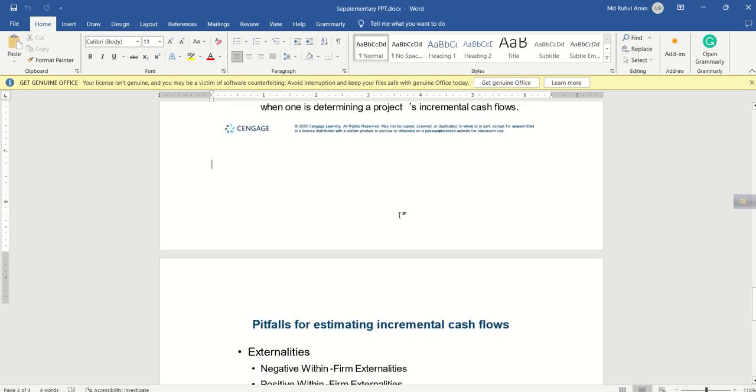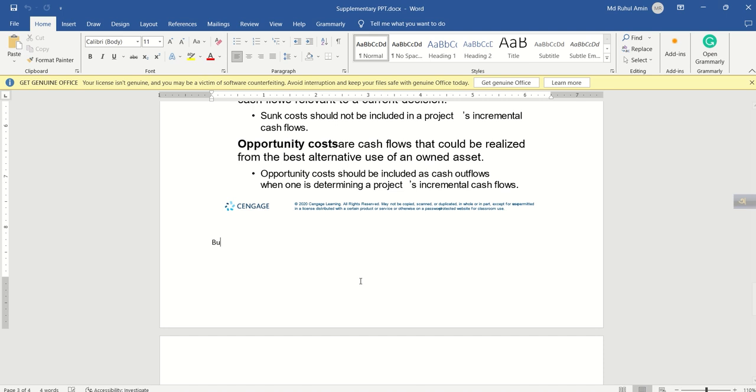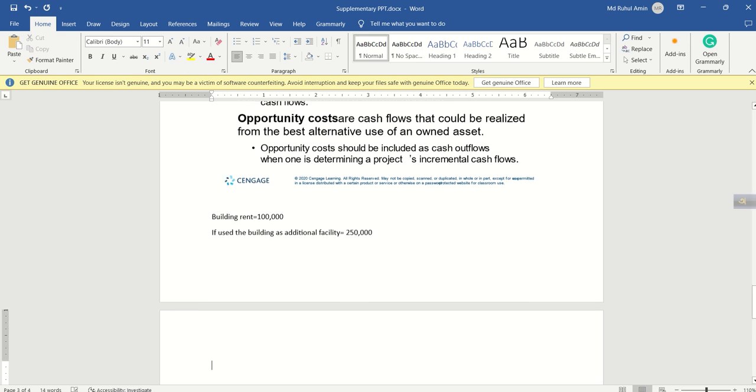I mean, I don't know whether you understood this. Let me use this as an example. Say the building rent equals 100,000 if you do not use it. But if you use the building as an additional facility, then your income would be say $250,000.